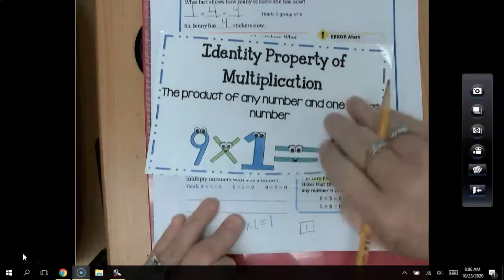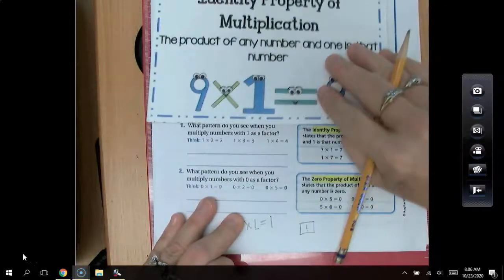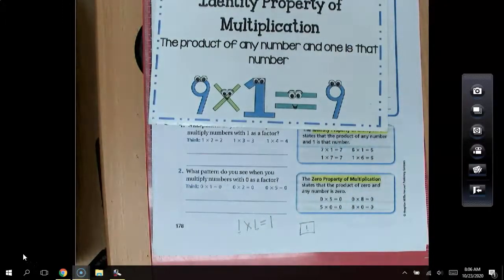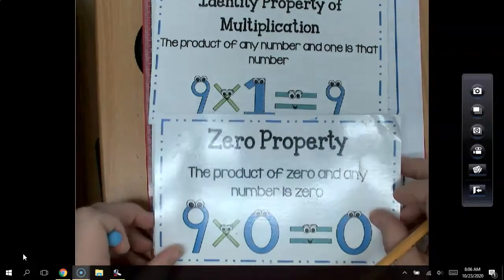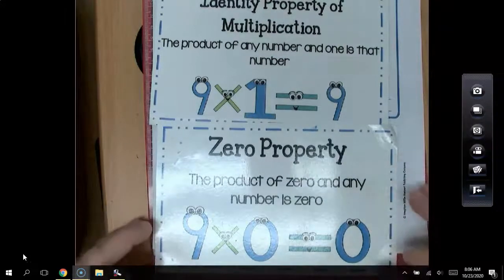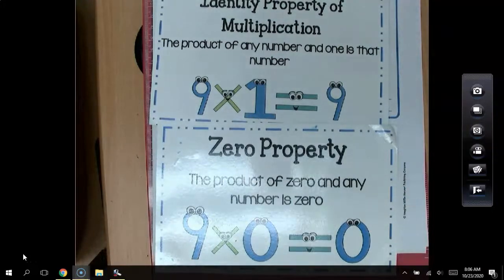All right. The next vocabulary word that we're going to learn is called the zero property. The zero property of multiplication. Well, that's pretty easy to remember because the product of 0 and any number is 0.